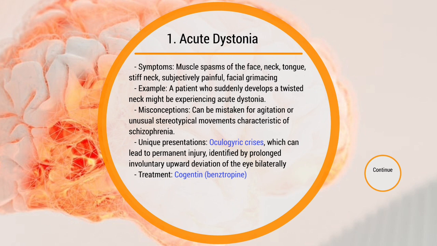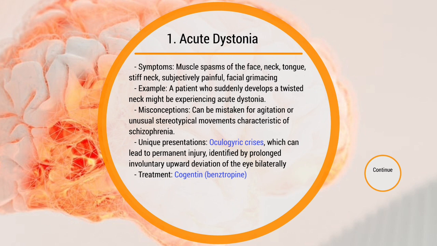Next, let's find out about acute dystonia. If you have seen acute dystonia, especially if the patient comes through the ER, it is rather scary, right? But it's easily treatable. So, what is acute dystonia? Well, simply, it is a muscle spasm of the face, neck, tongue, stiff neck.